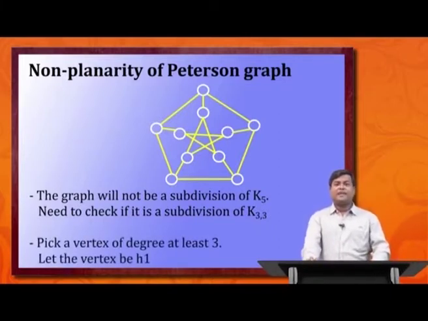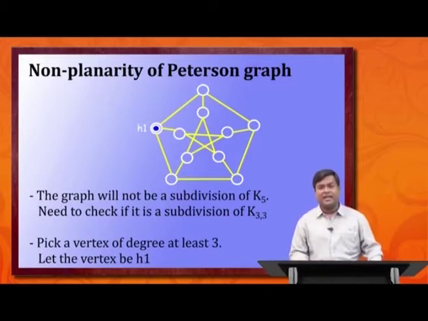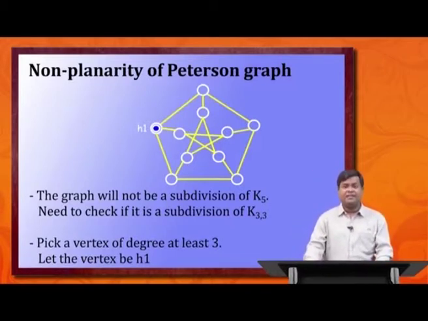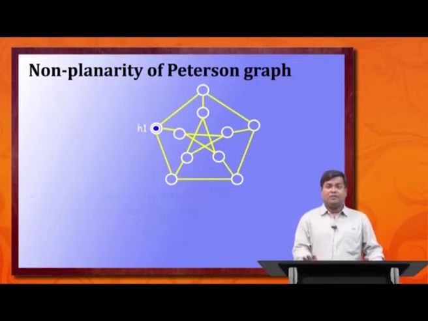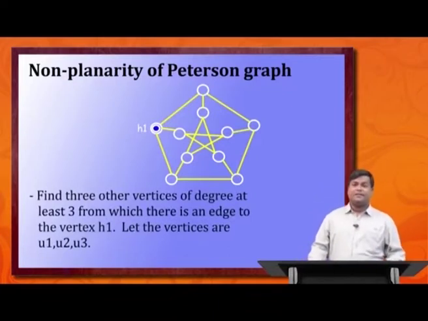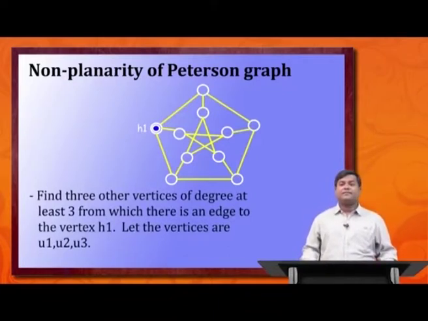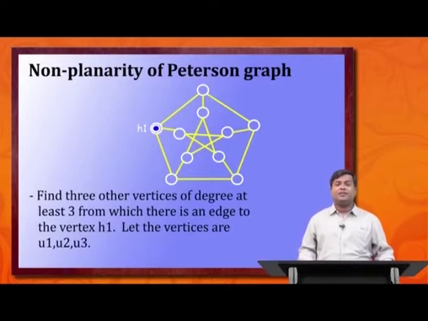So first let's pick a vertex of degree at least 3. Let the vertex be H1. We have marked that particular vertex H1 and it has degree 3. Since K33 has degree 3 for each and every vertex, we have chosen one vertex H1 with degree 3. Now find the 3 other vertices of degree at least 3 from which there is an edge to the vertex H1.